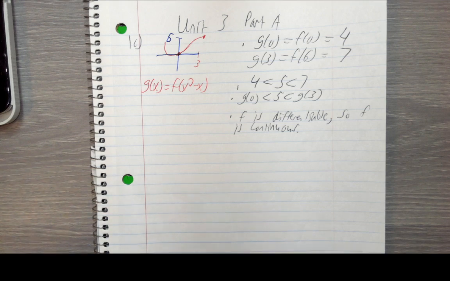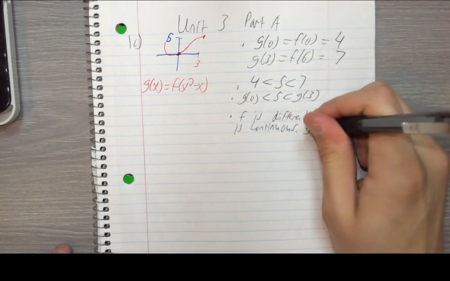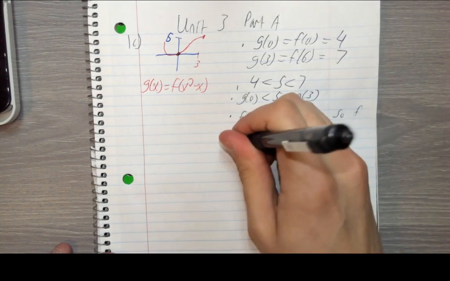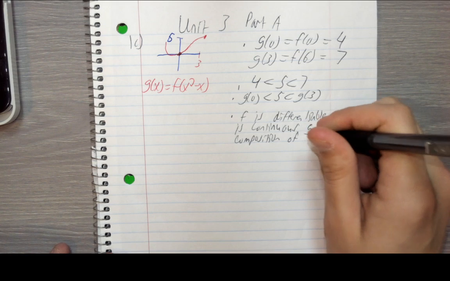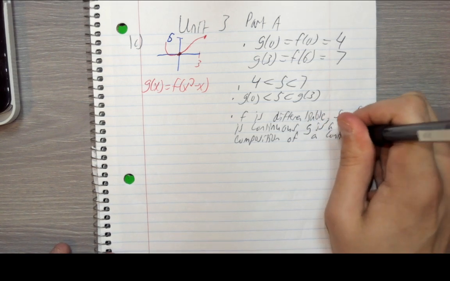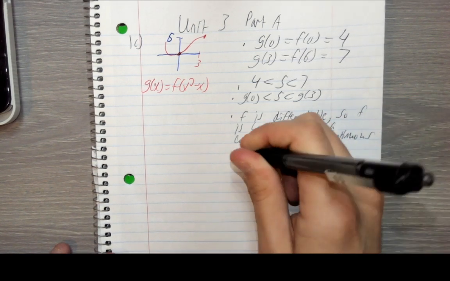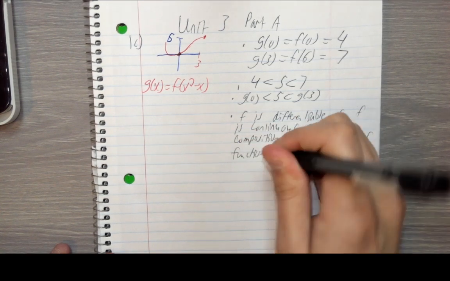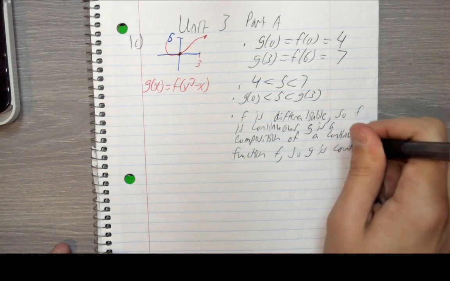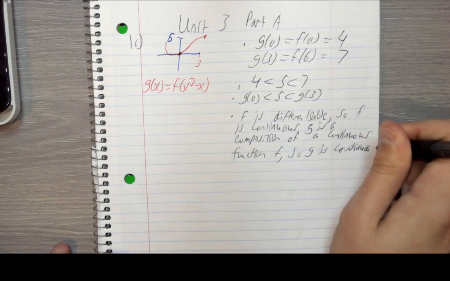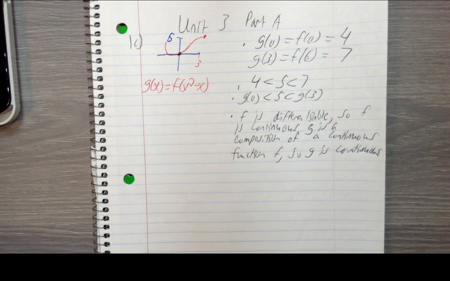So in other words, g is a composition of a continuous function f. So g is continuous. Any function that's made up of a continuous function is also in fact going to be continuous.